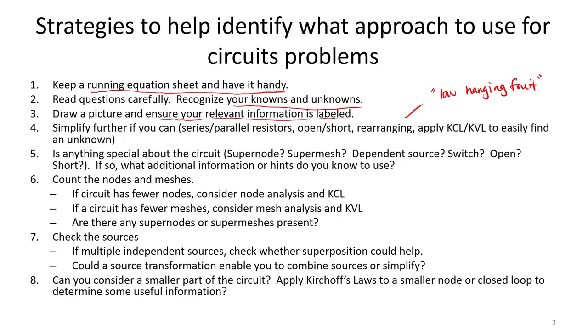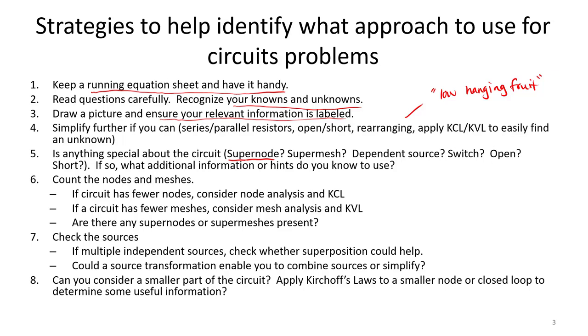Number 5 is also a very helpful strategy. Is there anything special about the circuit? So in this case, you want to watch for special cases of our different tools. For example, if we have a voltage source between two nodes, we may be able to use a supernode.